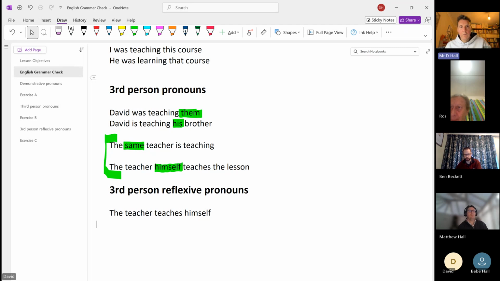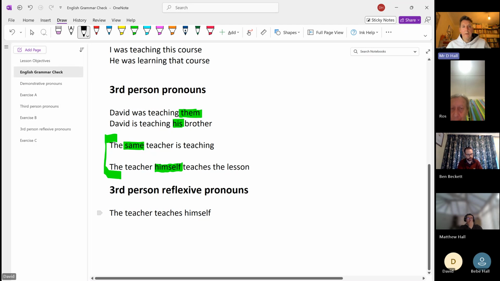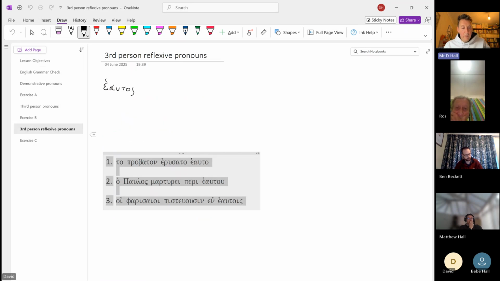Okay, so you wouldn't necessarily think that, whether you're using an emphatic adjective or whether you're using a reflexive pronoun, which is a bit technical. But in Greek, it's like otos, but with just an epsilon in front of it. The endings are identical to all the others that we've used for the third person pronoun.